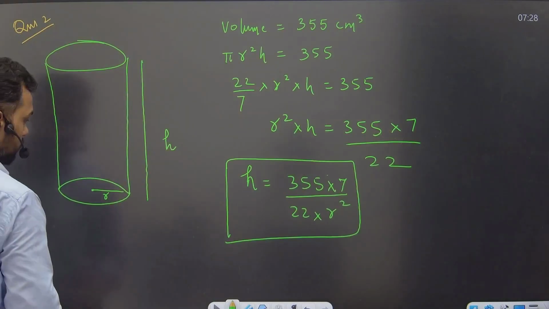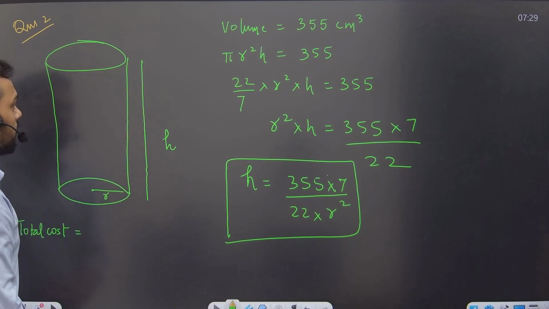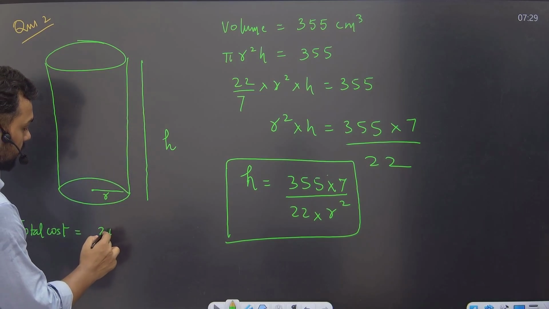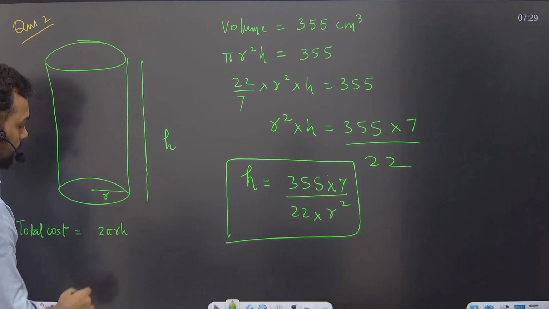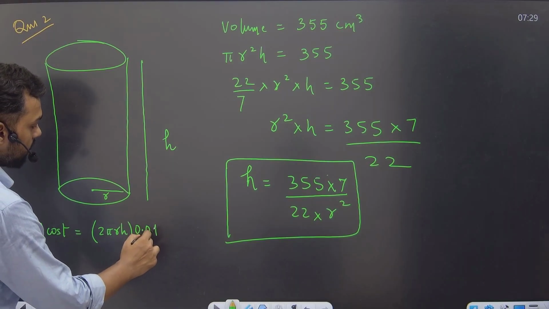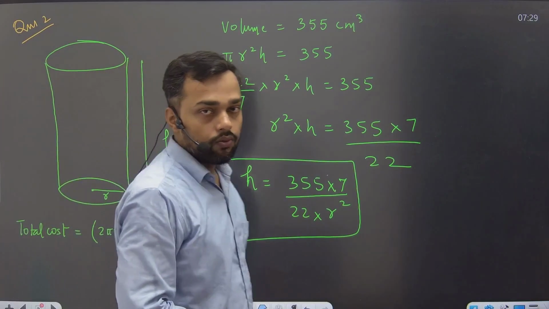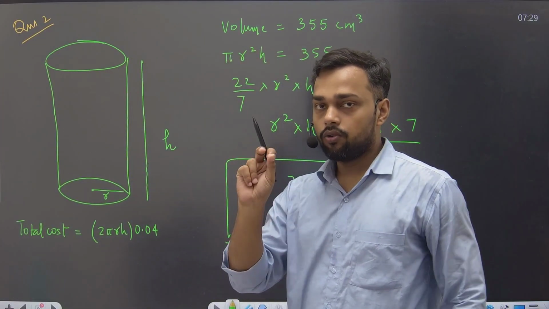So what will be the total cost? Total cost will be given by the curved surface area of a cylinder, that is 2 pi r h, and it is costing 0.04. Since we are calculating cost, we multiply it with the amount which is required.